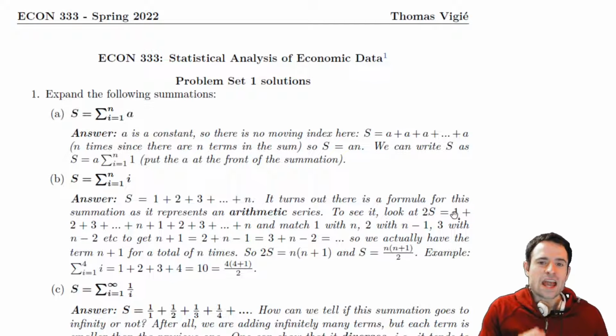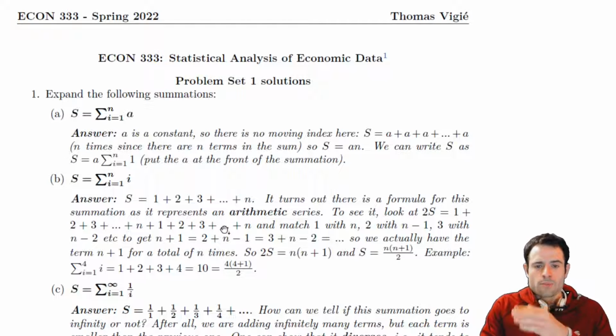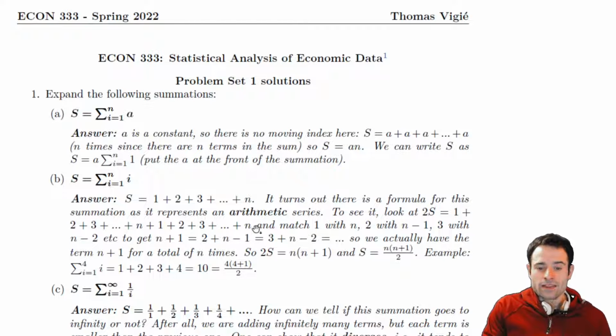Now, let's count how many times we got the number n plus 1. We got it once here, a second time when I matched the 2, a third time when I matched the 3, a fourth time when I matched the 4, and by going this way all the way to the end, we're going to have it an nth time when we match the last n with the very first one.